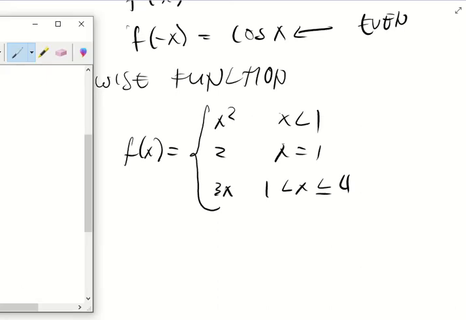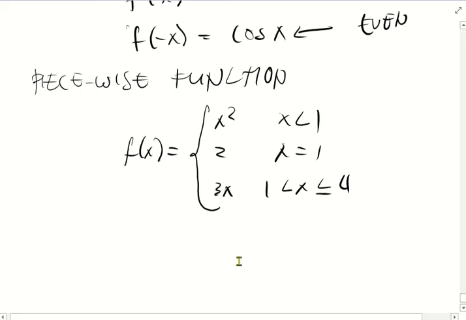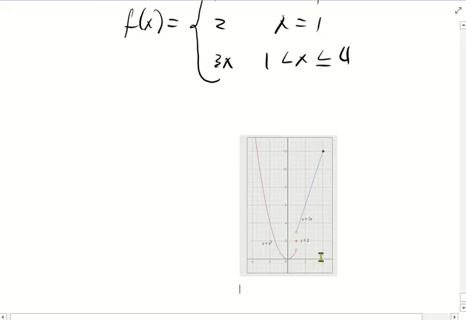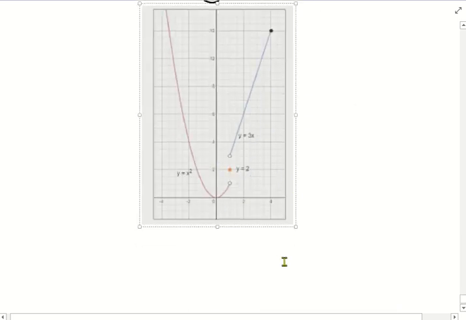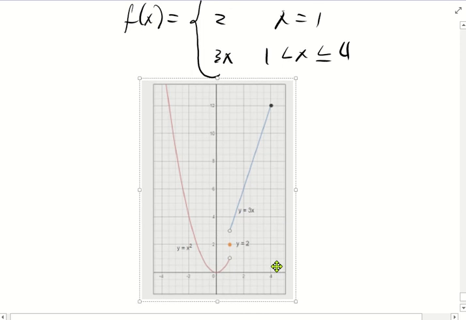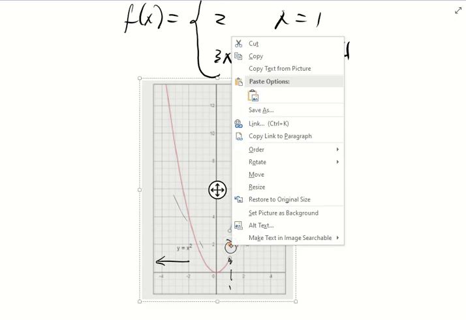this will be the graph of that sub-function. Here, x squared when x is less than 1, so from this point toward that direction, it's a parabola. Then when x is equal to 1, the value is 2, so this is exactly a point.